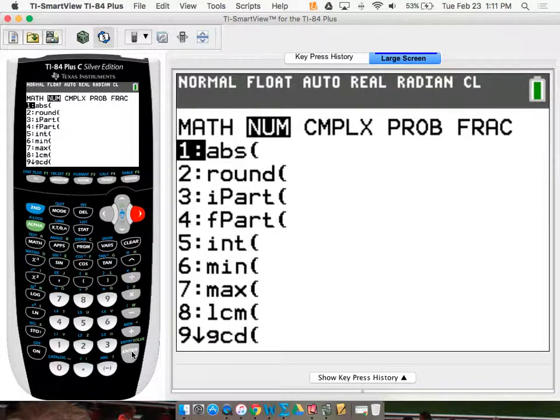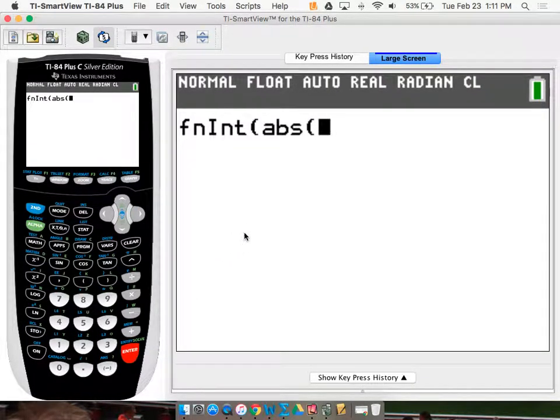Yep, and you hit enter. Oh, okay. So you want to put that part in absolute value sign.